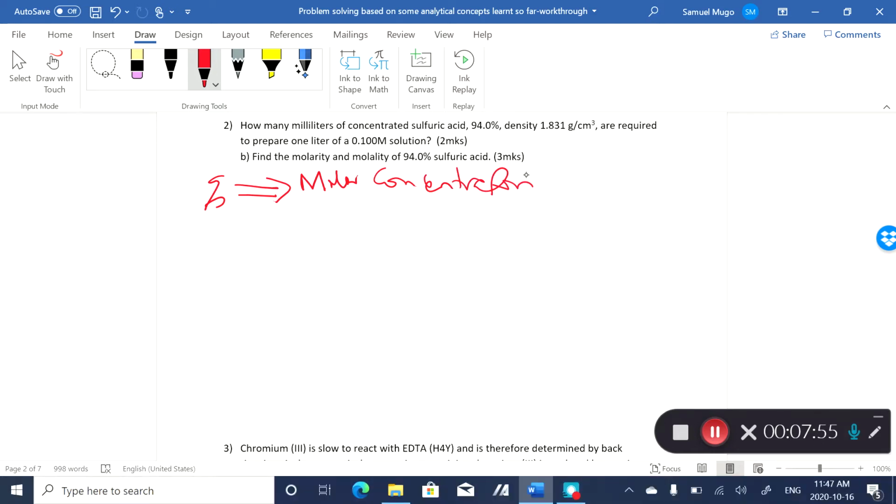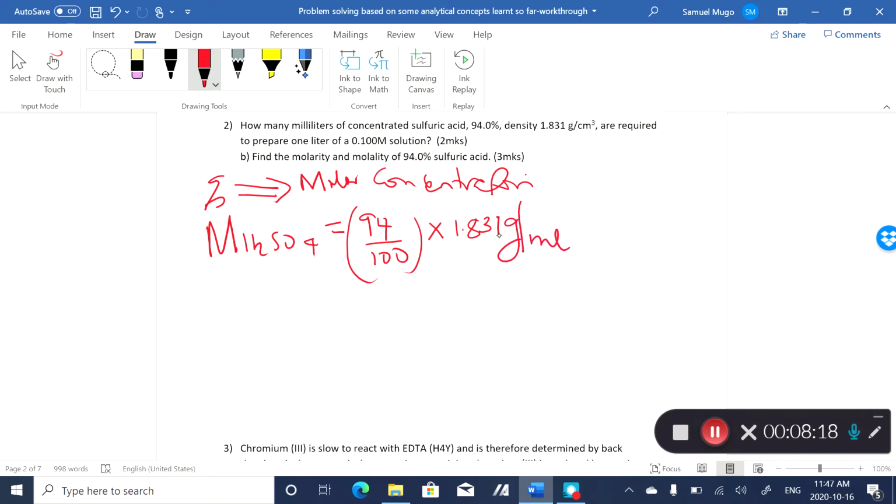And so the way you would do that is, the molar concentration of sulfuric acid is going to be equal to the percent, which is 94 divided by 100, and then you multiply that by the density, and the density is given, 1.831 grams per mL, and grams per cubic centimeter is exactly the same as grams per mL.